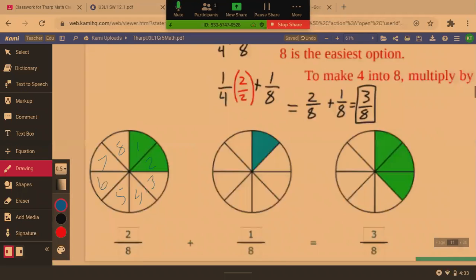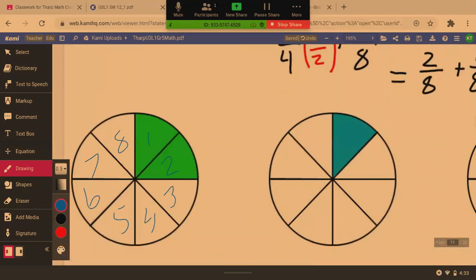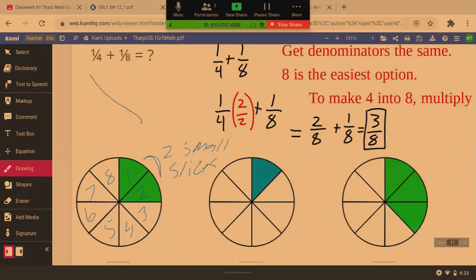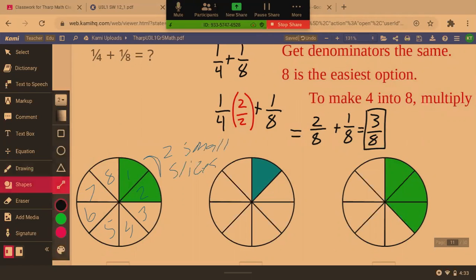So it's kind of like if this was a pizza, would you rather have 2 small slices or would you rather have, whoop, thought we were in shapes. There we go.